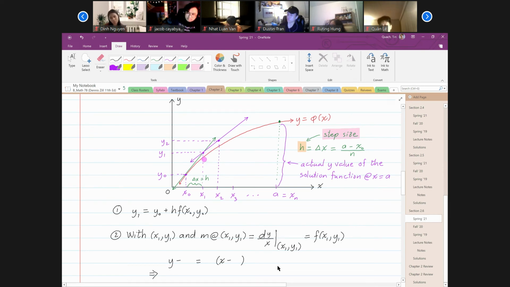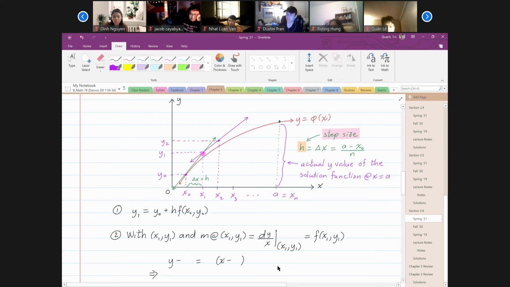So the actual value of the solution curve at x sub 1 is this y value, right? But in reality, we don't know that red curve. I put it here so you can see the relationship, but we don't know that. So instead, we use the y value of the first tangent line. We use that y value at x1 as if it was the y value of the original solution curve, okay?